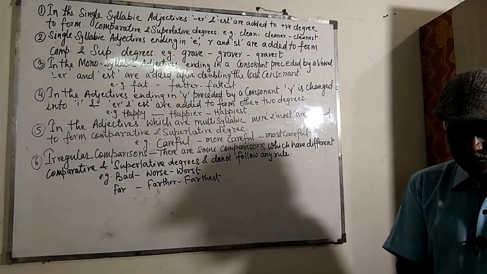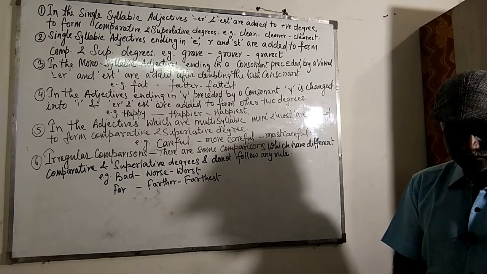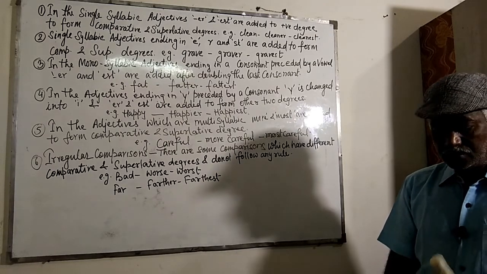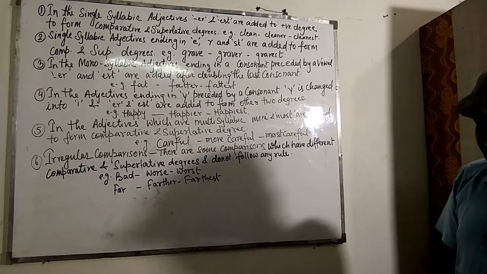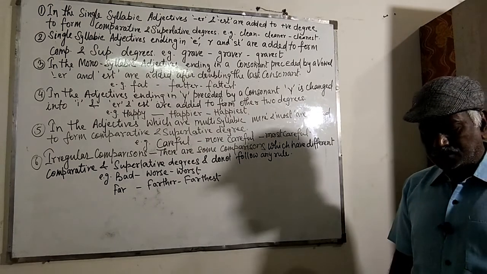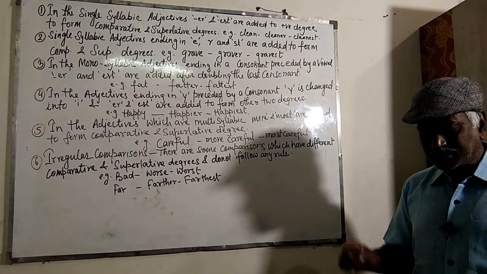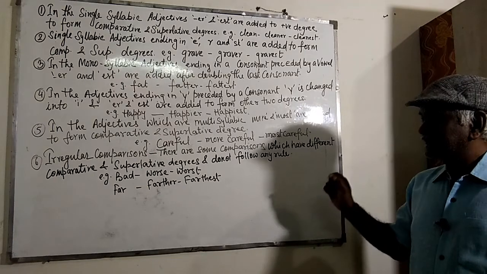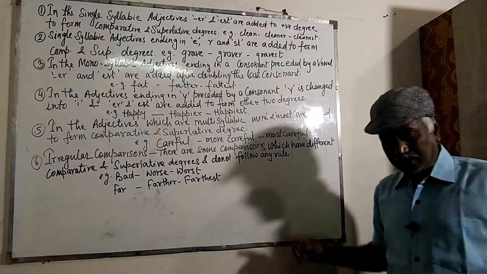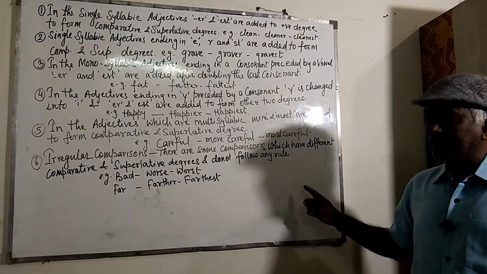Next, the definite article the is not used before the superlative degree when it is preceded by a possessive word. For example, he is my closest friend.